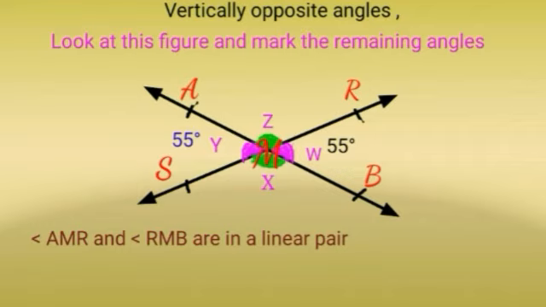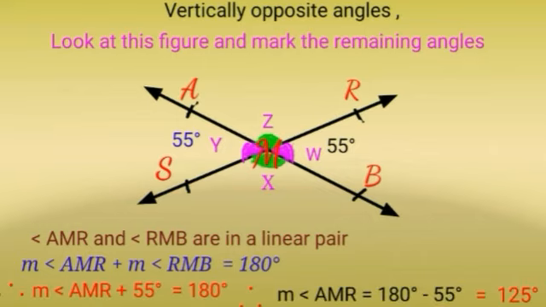Angle AMR and angle RMB are in a linear pair. Measure of angle AMR plus measure of angle RMB is equal to 180 degrees.